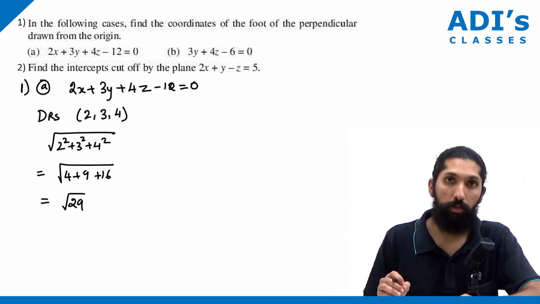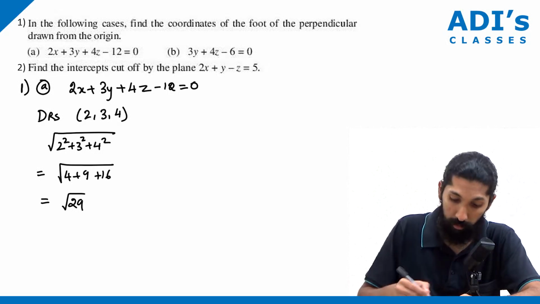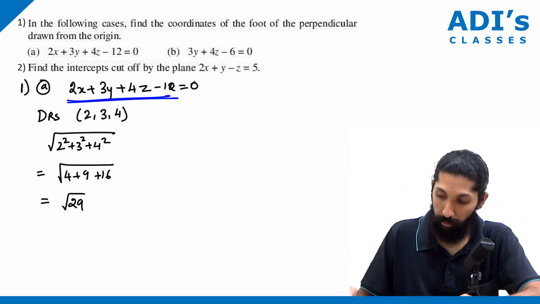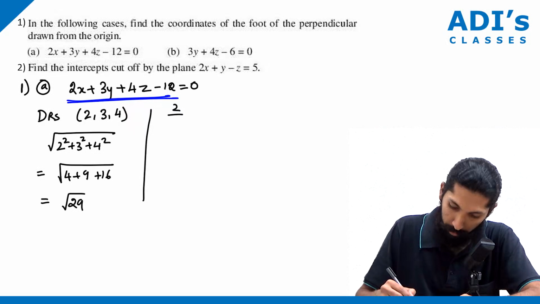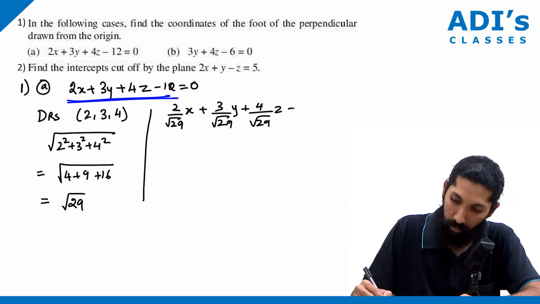Now once you have this root 29, divide the entire equation. Entire equation in the sense what? This equation. Divide this by root 29. When you divide, you get 2 by root 29 into x plus 3 by root 29 into y plus 4 by root 29 into z is equal to 12 by root 29.